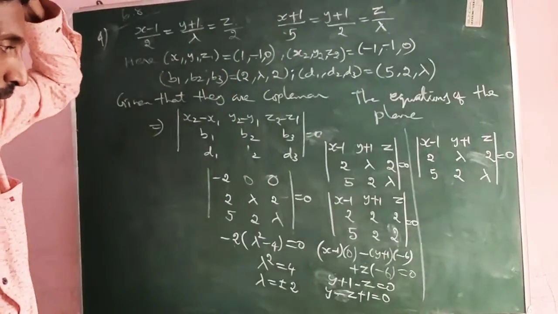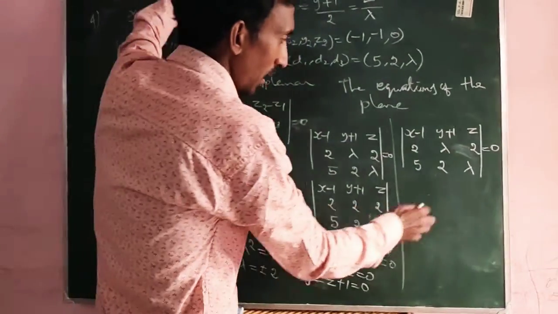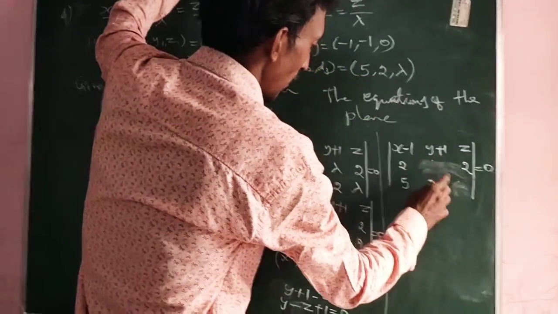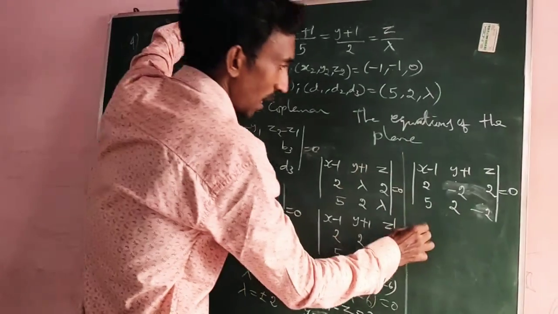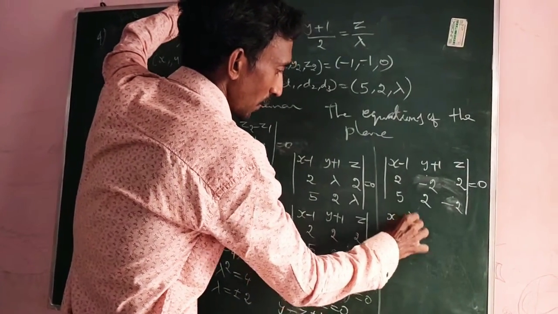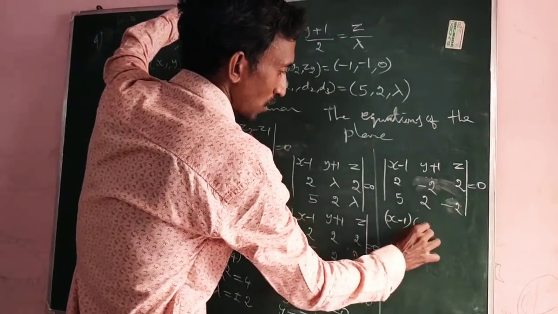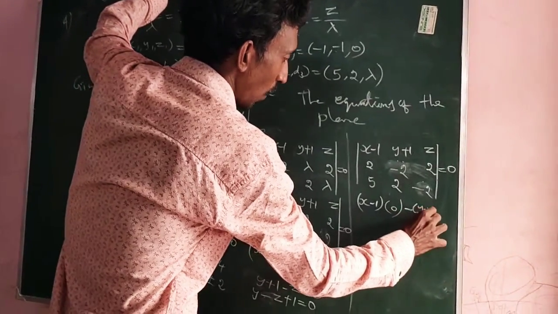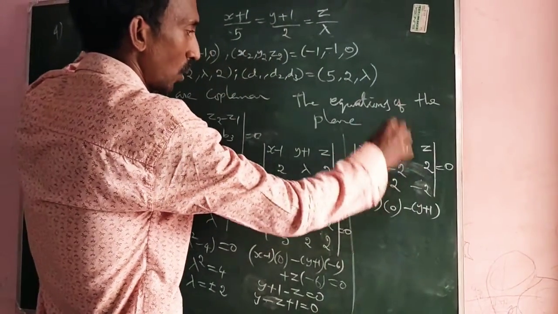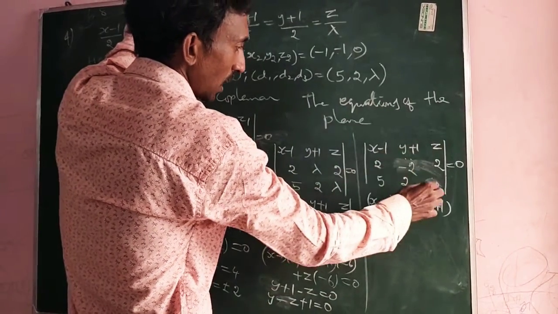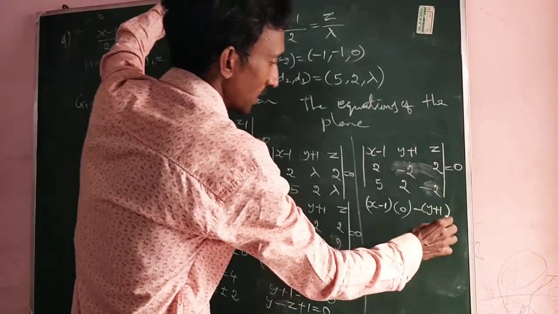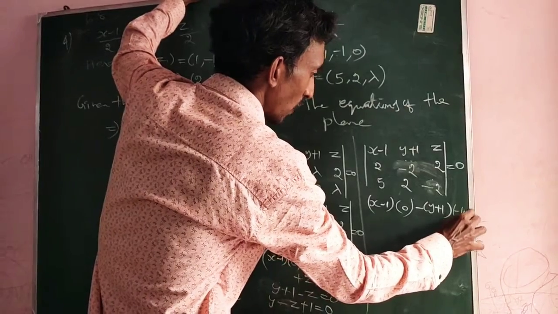The same thing if you put minus 2 here, instead of lambda. So what we get: the same, x minus 1 into first 4 minus 4, 0, minus of y plus 1 into, delete that row and column, minus 4 minus 10, so minus 14.